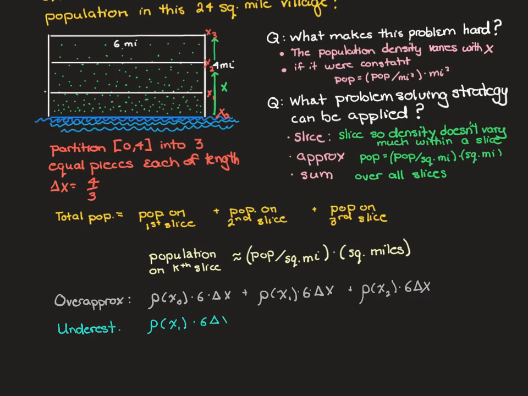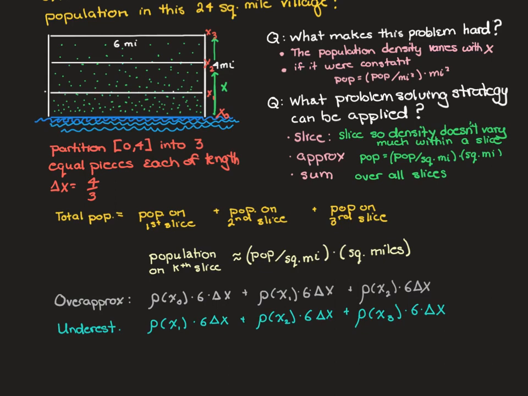On the second slice, I'd approximate it by rho of x sub 2 and multiply by the area. And on the third slice, by rho of x sub 3 and multiply by the area. Now this would give us an approximation.